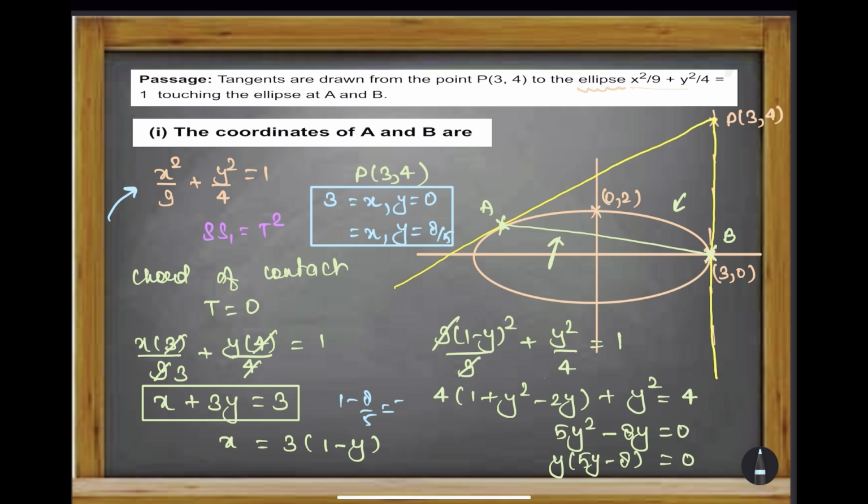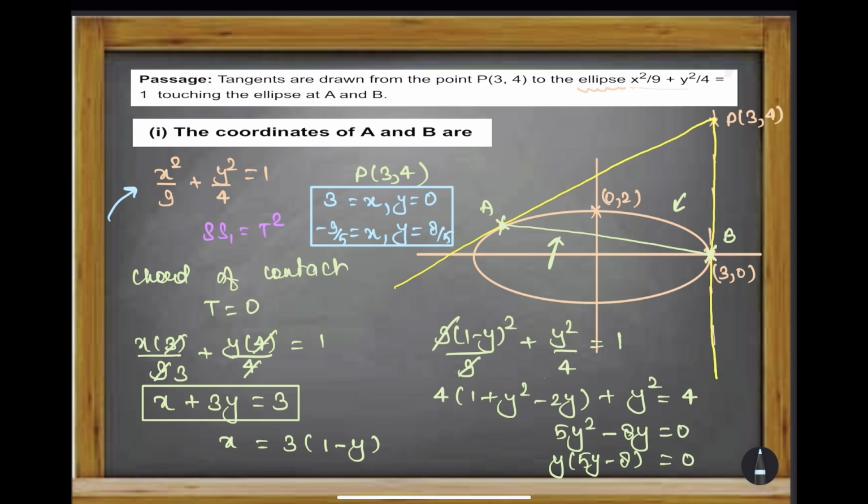So it is minus 3 by 5 and 3 is waiting outside. So it is minus 9 by 5. Okay. So we got both the coordinates: minus 9 by 5 comma 8 by 5 and 3 comma 0. Okay. So we got our two coordinates A and B.